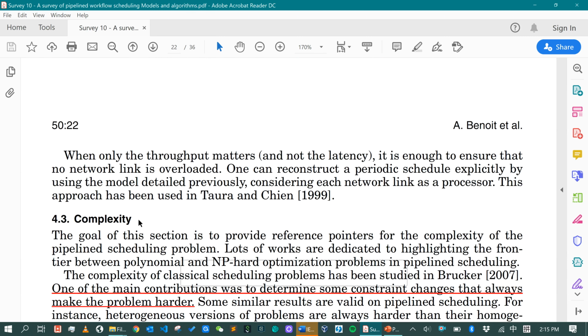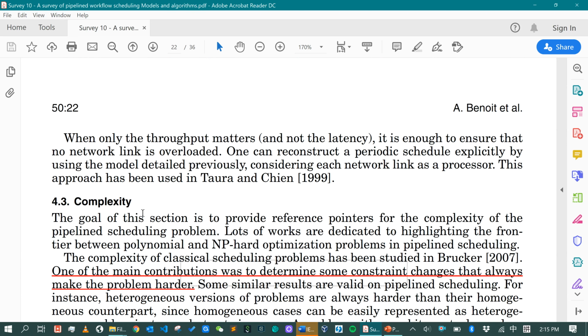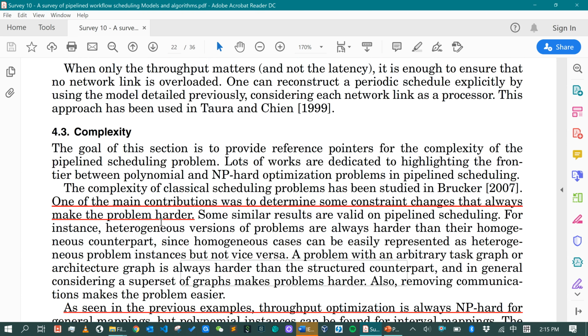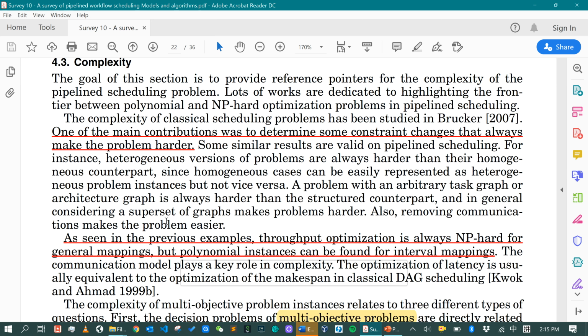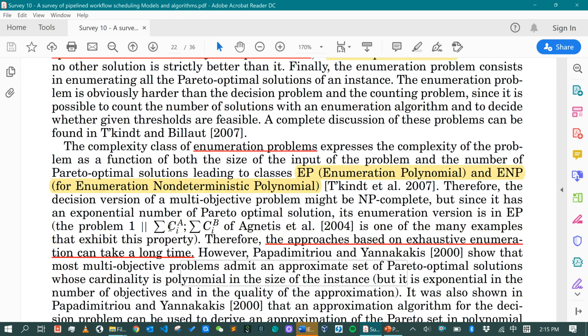It also introduced a complexity analysis in terms of scheduling, the different mapping rules, and different system models. So you can see here is a graph.